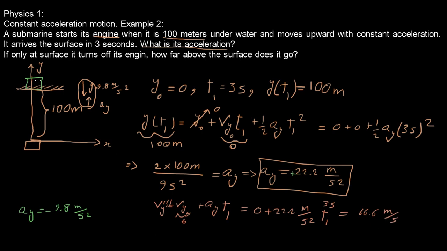Now let's go to the second question. Vy naught for this problem is vy at this position from the previous question. So therefore vy naught equals 66.6 meters per second.